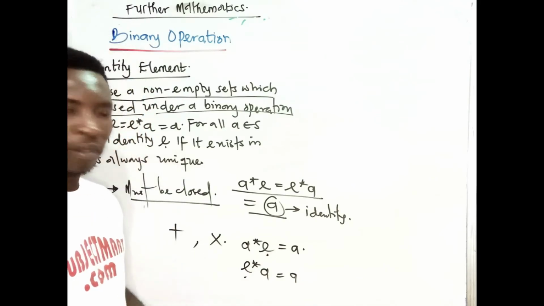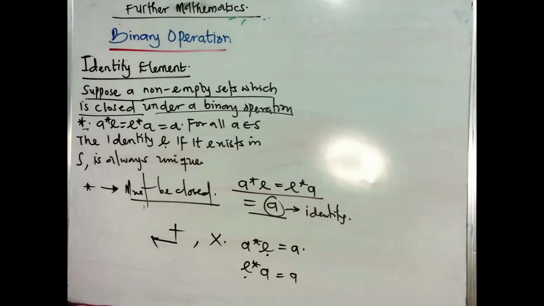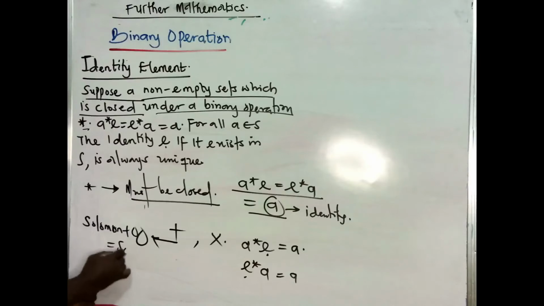An identity. Now, under addition, what is your identity under addition? 0. That is, every operation added on 0 gives you that same thing. So if I say Solomon plus 0, it will give me Solomon.